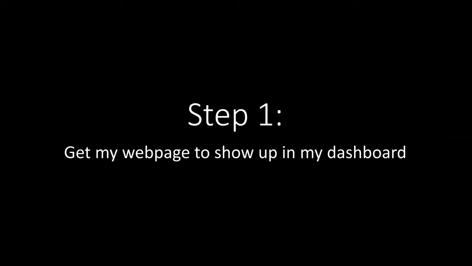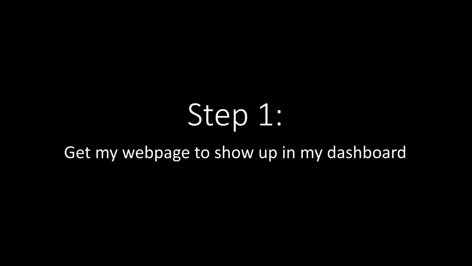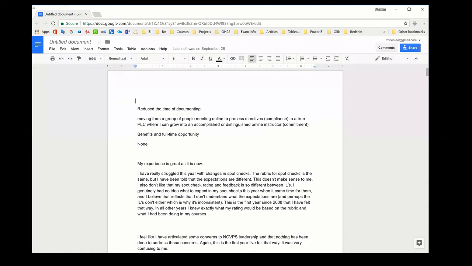So step one was to get my web page to show up in my dashboard. And I'm sure most of you are familiar that we can just add a web page to our dashboards in Tableau, right? And so my first idea was to take this Word document and put it into Google Docs.